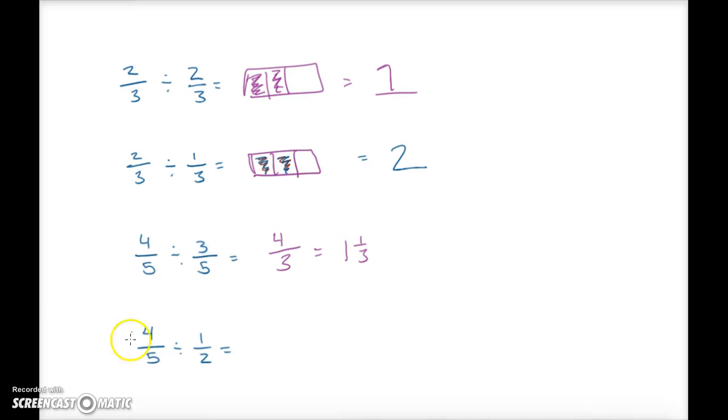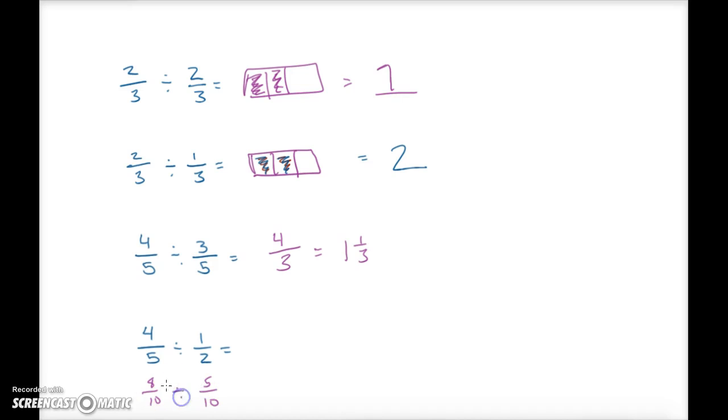And then we get something down here where we have different denominators. With fractions, we could make them into the same denominator, so let's turn these into denominators of tenths, because that's a common denominator. So 4/5 is the same thing as 8/10, and 1/2 is the same thing as 5/10.